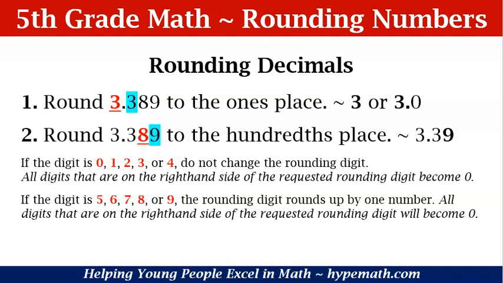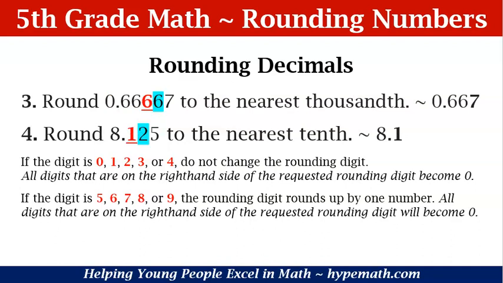Based on our rounding rules, we know that the 8 needs to round up because 9 is greater than 5. So now 3.389 rounded to the hundredths place is 3.39.